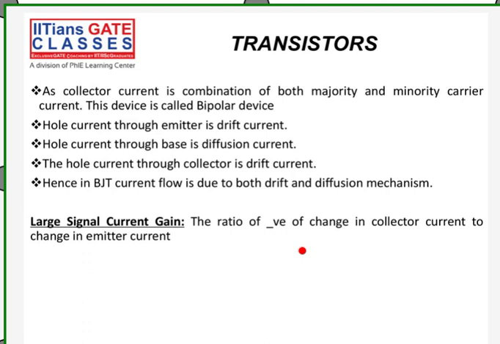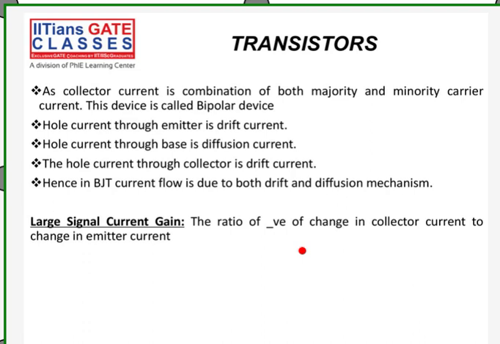Next, the whole current through the base region is diffusion current. Why? Because majority carriers are diffused into the base region and some majority carriers are recombined, and that recombination current is the base current, and it is due to the diffusion of majority carriers from the emitter region. That is why it is called diffusion current. The base current is the diffusion current, and the whole current through the collector is also drift current.